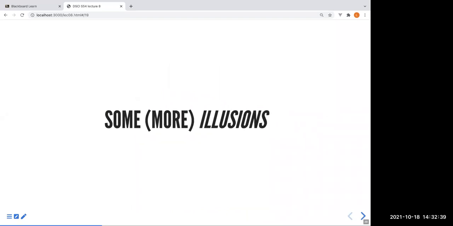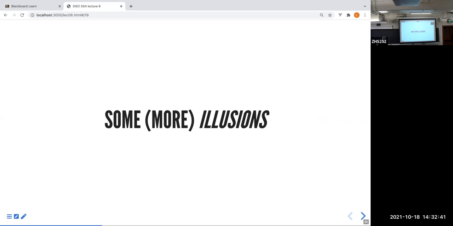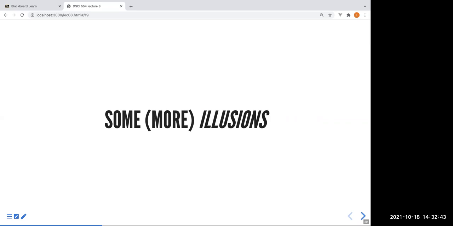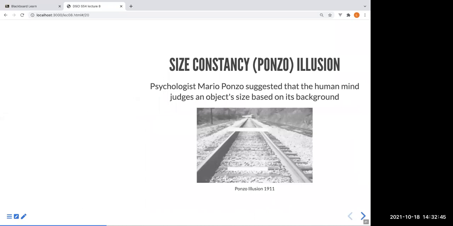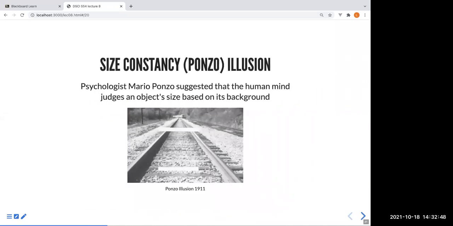I'll show you a couple more pictures that are illusions of 3D, things that may happen at times as illusions in graphics if you're not careful. Here is a classic one called the Ponzo illusion, which has to do with what we call size constancy.